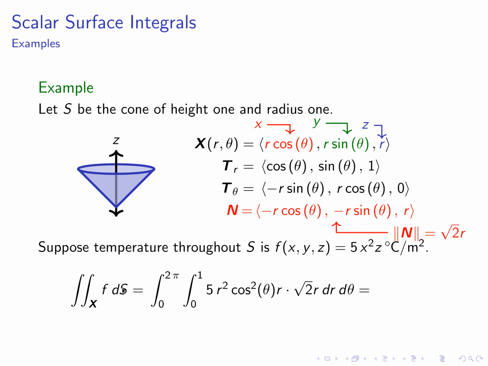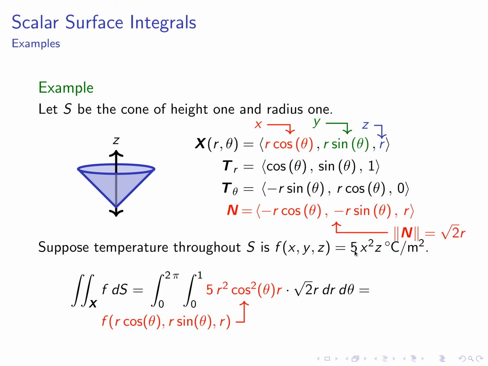According to our formula, we should take a double integral throughout the domain of the parameterization. We then take our function and replace the x's, y's, and z's with r cosine theta, r sine theta, and z equals r. And then we multiply by the length of the standard normal vector, which is the square root of 2 times r. So now we're taking a double integral where the integrand is f applied to the parameterization.